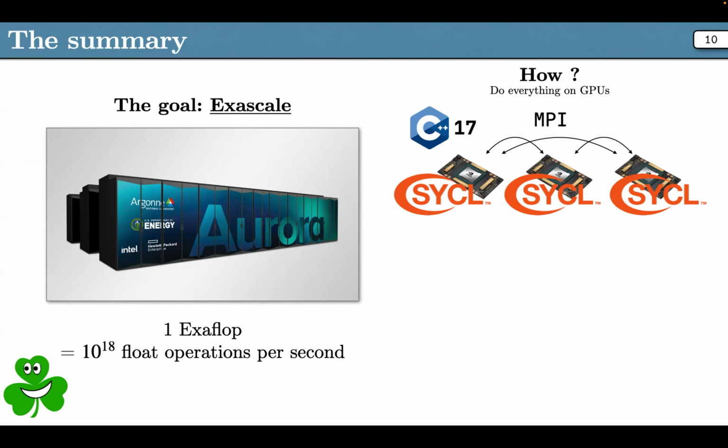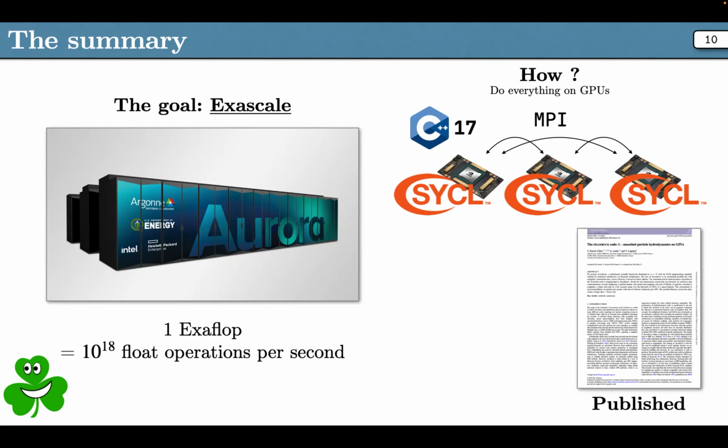So within each of the GPUs, we are using SYCL to do the computation, and we are communicating between the GPUs using MPI in a direct fashion, as in each GPU in those supercomputers has a network card that is directly attached to the GPU. It's a weird thing, but that's the way it is. And with MPI, you can actually communicate directly from a GPU to another GPU in the machine.